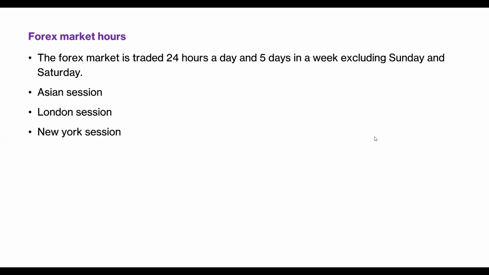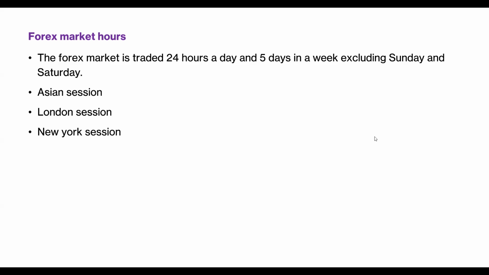Every single day has its own sessions. There is the Asian session. Asian session means there are pairs you can trade during it, which are JPY, Japanese yen, NZD, AUD, and CHF. These four you can trade during the Asian session.